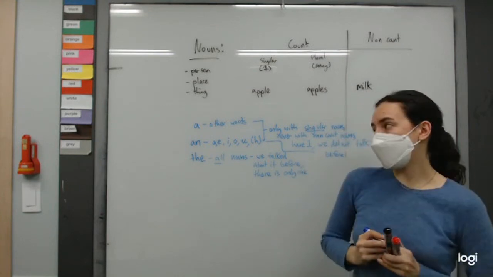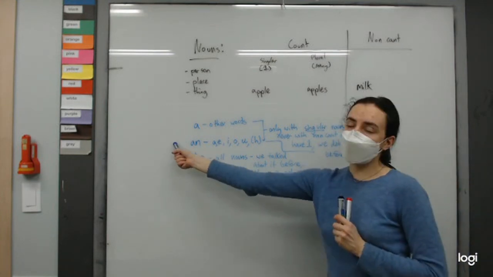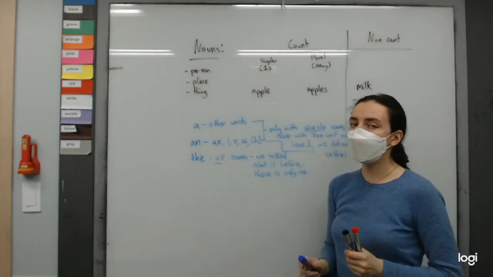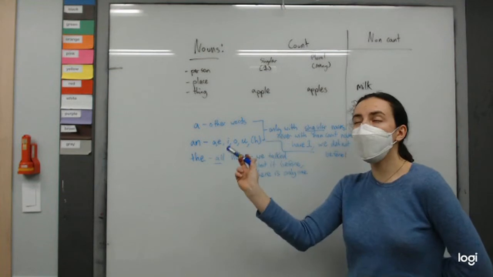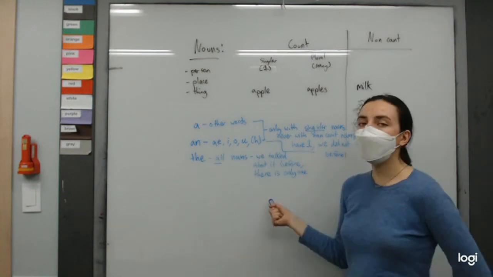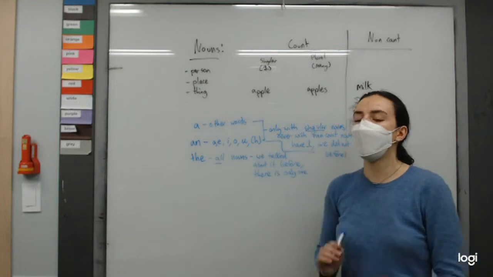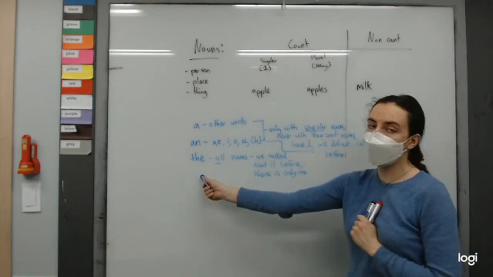So this is a little bit confusing because we use a if there is one we did not talk about before. But I can say a marker because there are other markers in the world. But I have to say the moon, there is only one moon. All the world, only one moon, so we say the, okay?